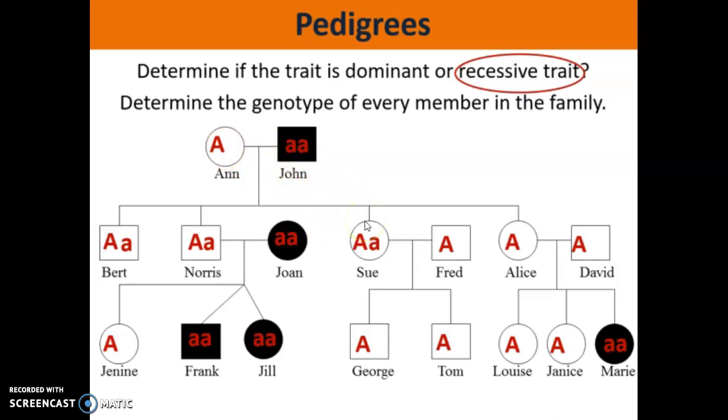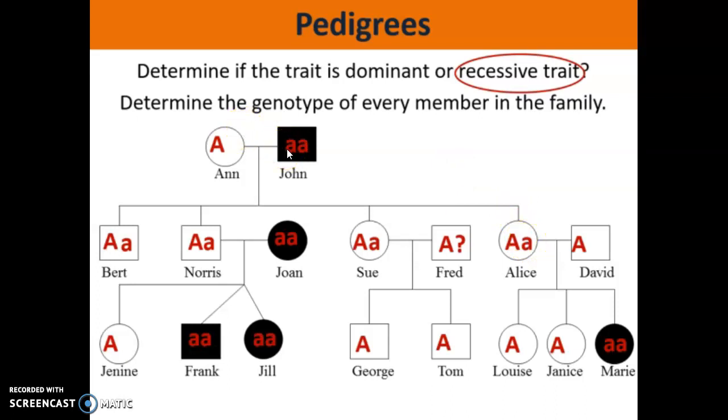Now, Sue's going to marry Fred, and they have children. But because Fred is not related to Anne and John, we actually don't know what that second allele is, so we're just going to put a question mark there. Alice, though, is the daughter of John and Anne, and therefore received that little a from her father, John.